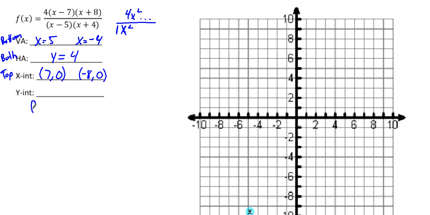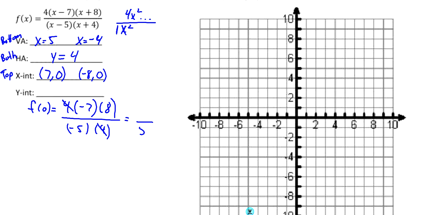And then the last part is when you plug in 0. So to find the y-intercept, you find f of 0. So you get 4 times negative 7 times 8 over negative 5 times 4. And we'll do some simplifying first. 4 divided by 4, so you get positive 7 times 8 over 5.